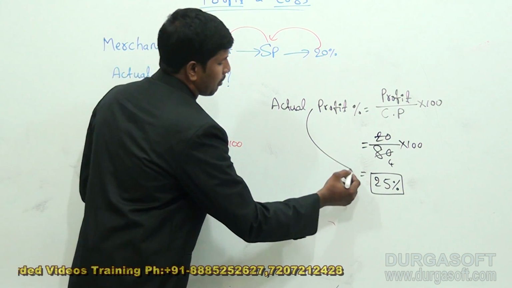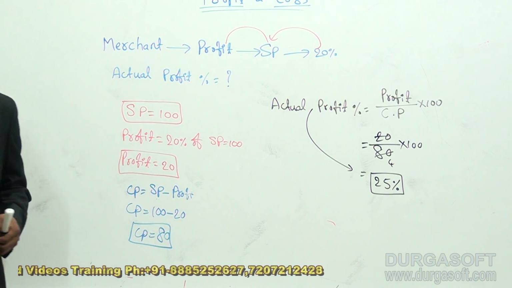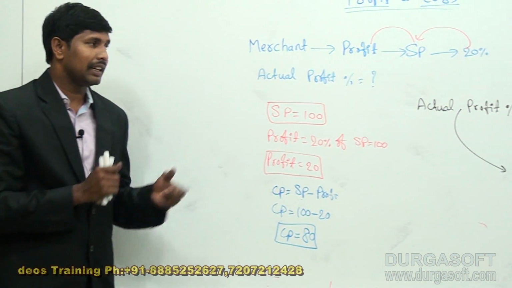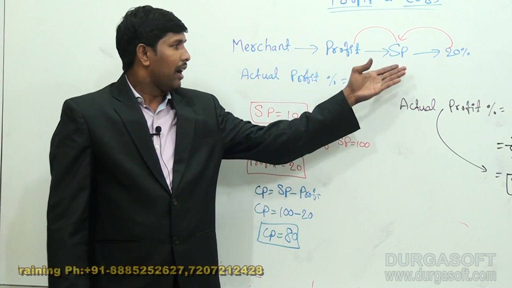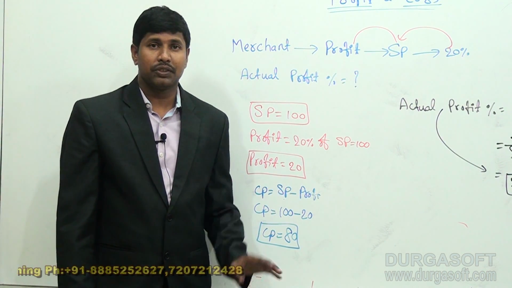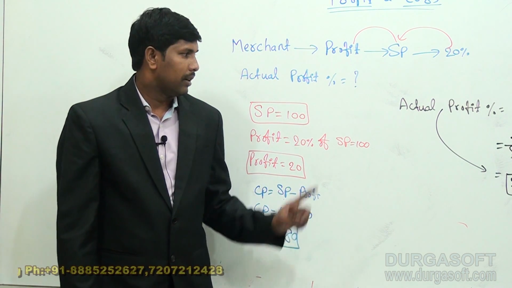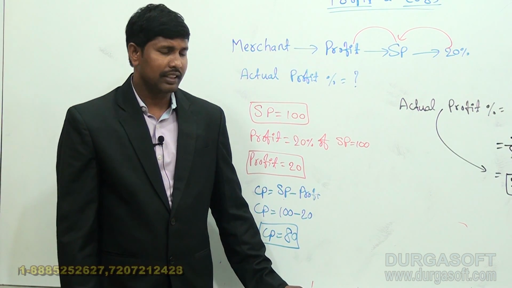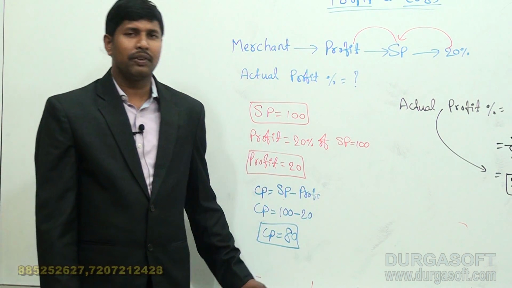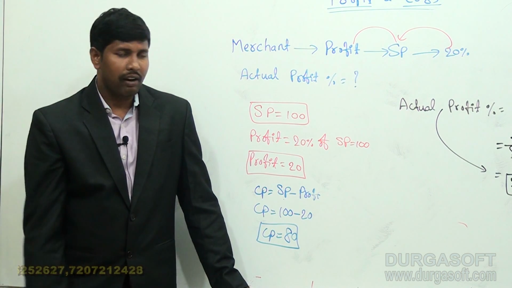So the actual profit percentage is 25%, but not 20%. The merchant had the answer as 20%, which was the mistake, but the actual profit percentage we calculated is 25%. Not only in this way, there are some other ways also.